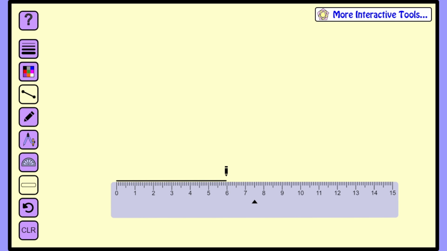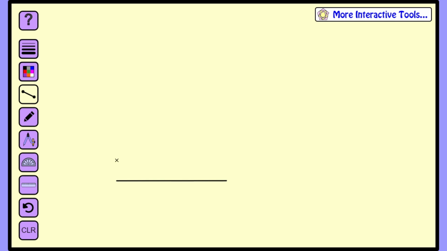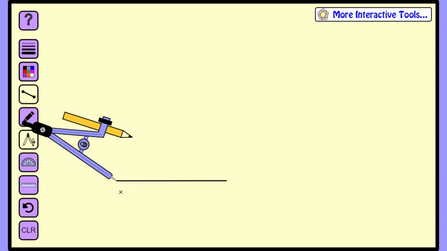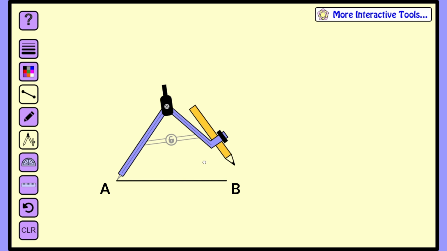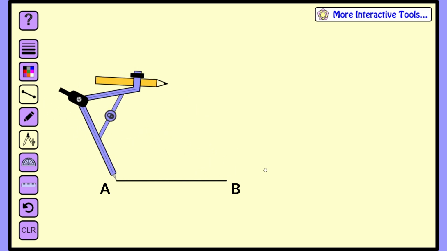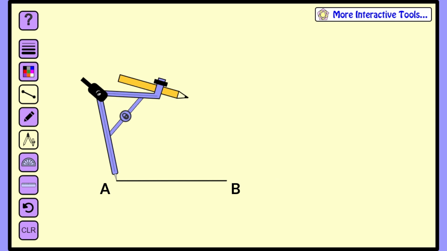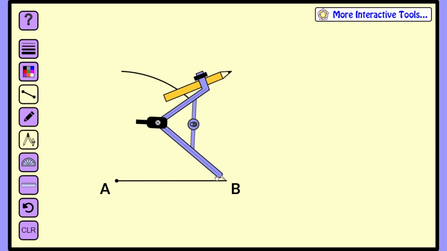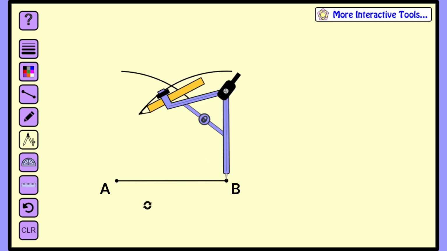So this is our 6 centimeters or 60 millimeters, and we bring out our compass and place it on our point A, while here is point B, and then we stretch from point A all the way to point B, lock our compass and arc at point A and at point B respectively.